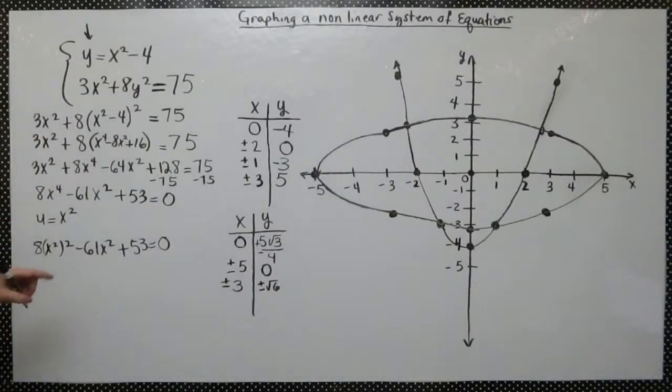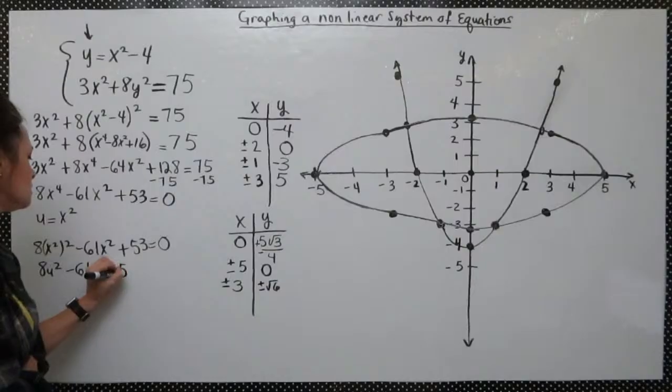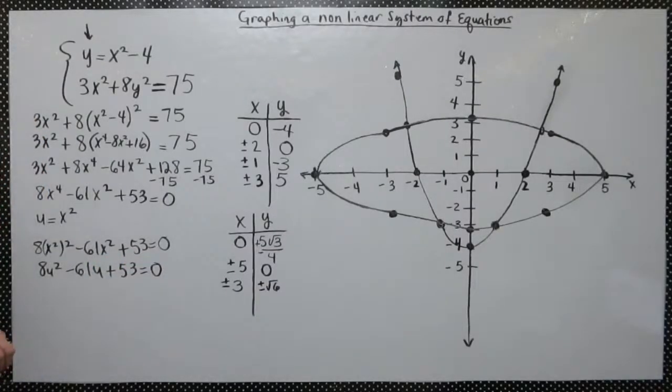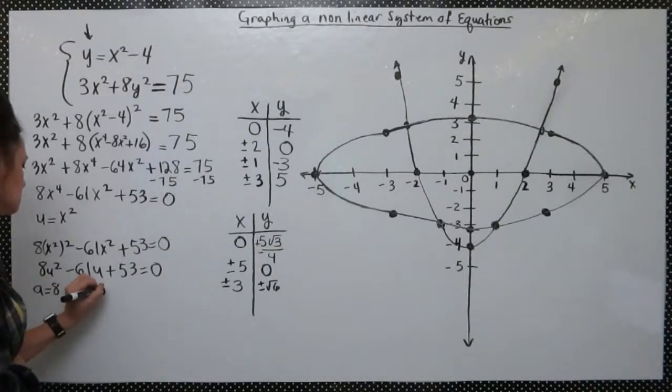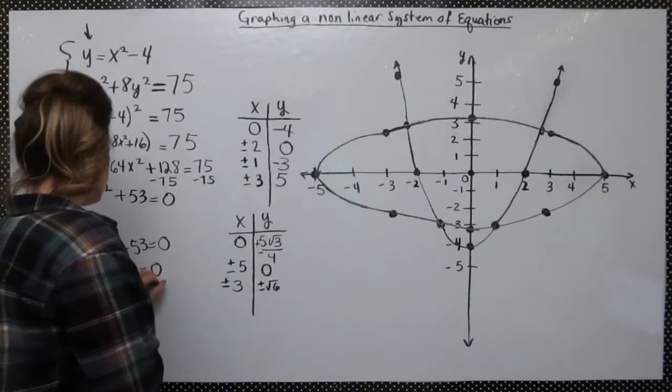So I'm going to rewrite this. This is 8u squared minus 61u plus 53 equals 0. And so we've got a equals 8, b equals negative 61, and c is going to equal positive 53.